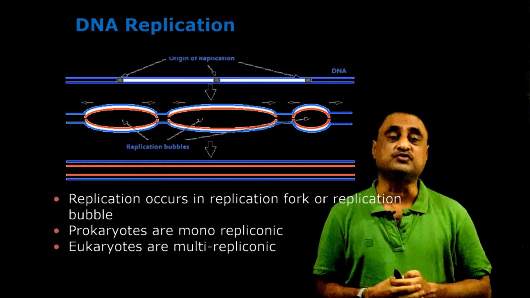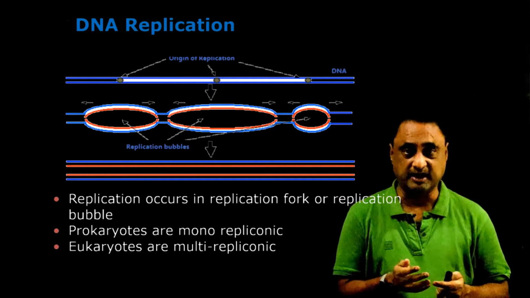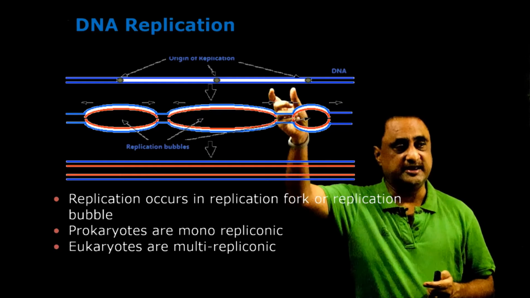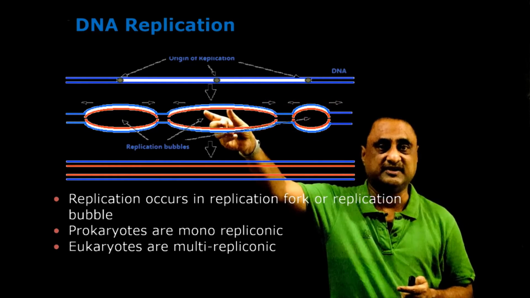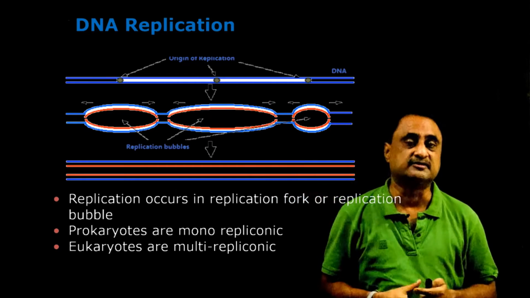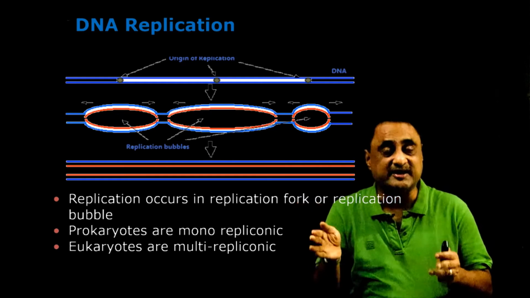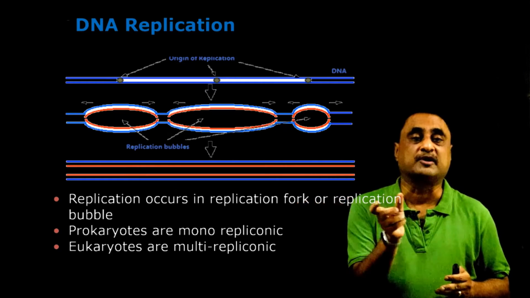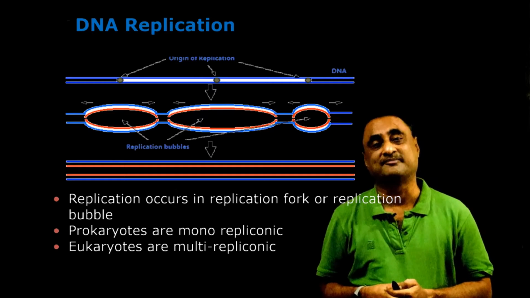But in eukaryotes, the number of replicons is more than one. You can see in the diagram three replicons on a linear DNA molecule, where more than one replicon is formed at a time in eukaryotic DNA. That's why we call it multirepliconic.